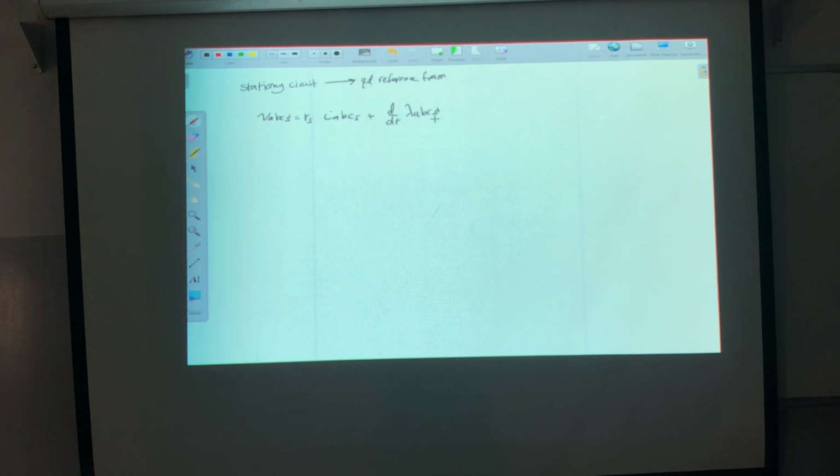I need to find it in terms of Q and D. So the first thing I should do is transform the VABC. If I need to transform any variable from ABC to QD, what should I multiply by? By KS.